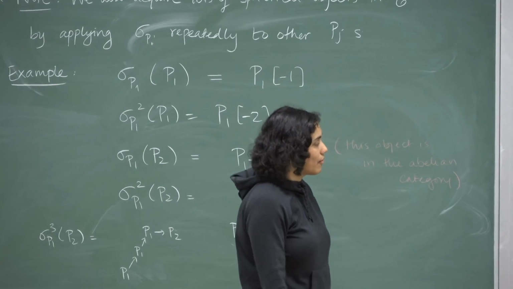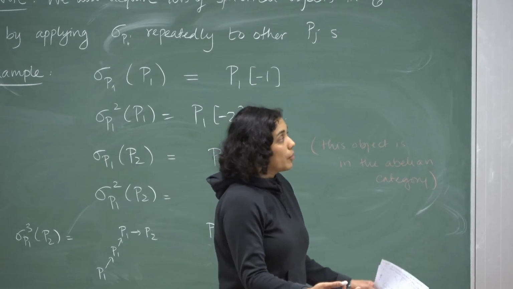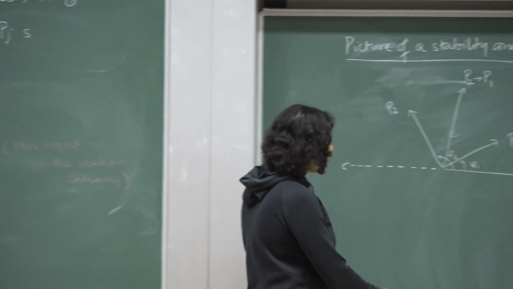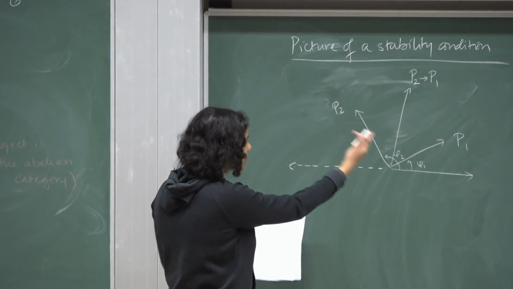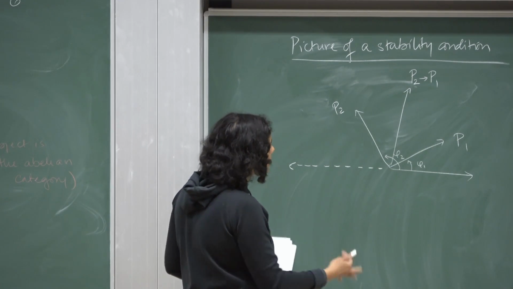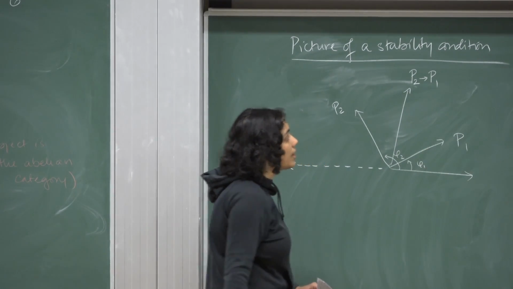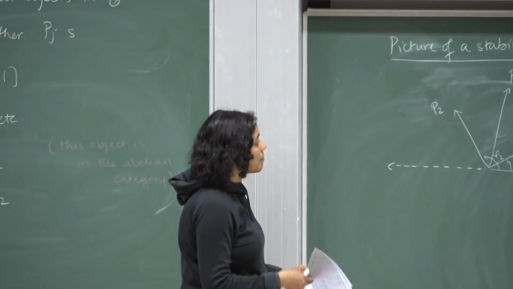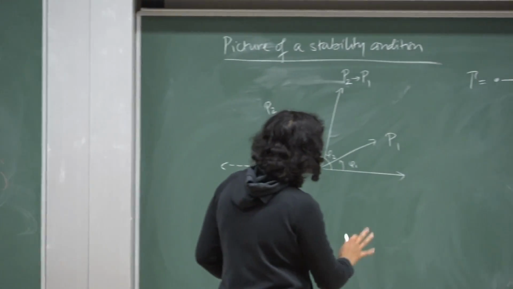It's an extension between P2 and P1 where the quotient is P2 and the sub-object is P1. So I claim that this gives you a pretty complete description of a stability condition on the category associated to the type A2 graph, if you like. This is simply a picture to keep in mind.